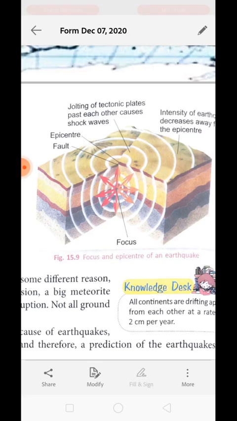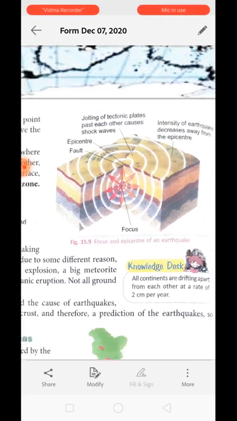Or fault zone. Sometimes the trembling or shaking of the ground may take place due to some different reasons as well. For example, if there is a practice of underground nuclear explosion, or if an asteroid hits the earth, then also there can be a shaking of the earth.